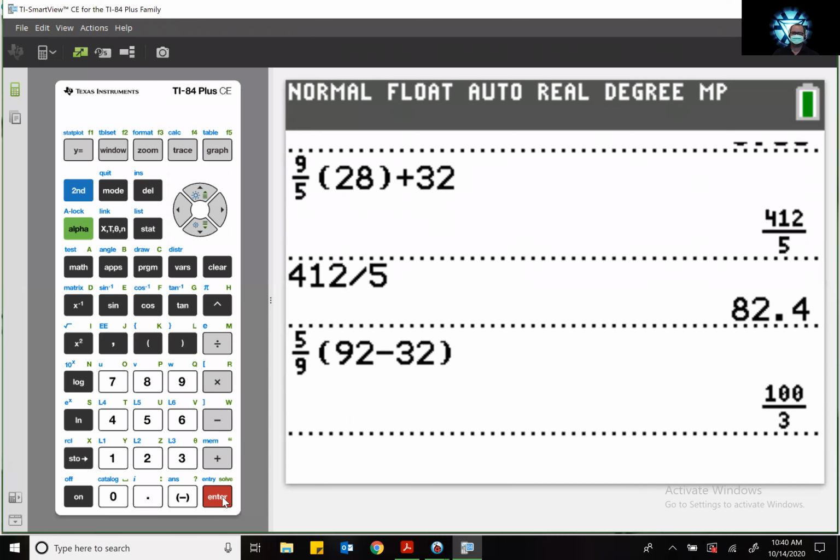And there it is. How do I turn that back into the decimal? How do I turn 100/3 into the decimal?